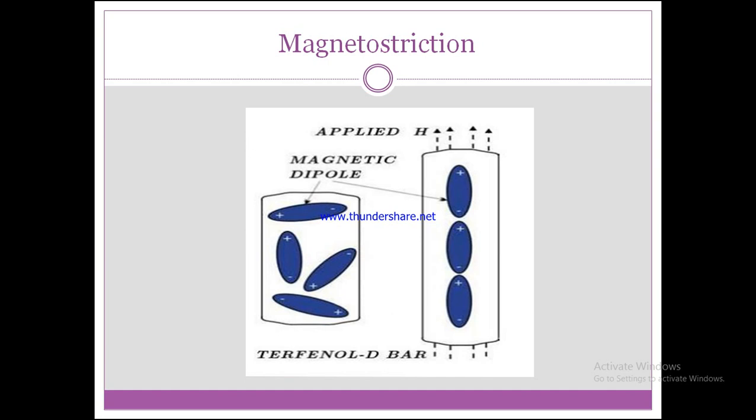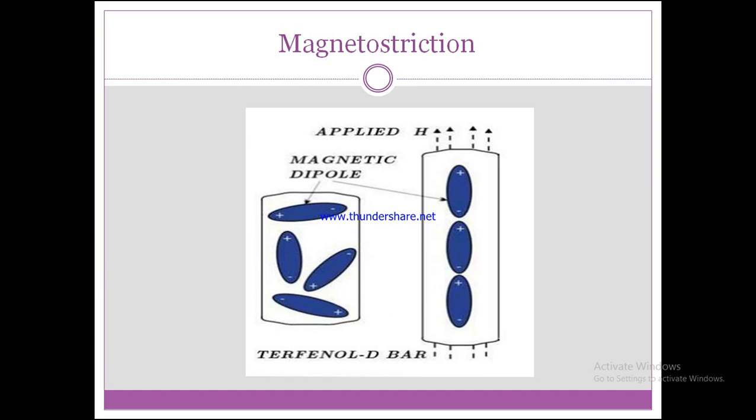Now the figure shows the magnetostriction coefficient lambda for a ferromagnetic material like iron with respect to the magnetization M. The iron crystals expand when magnetized in the easy direction of magnetization and contract when magnetized in the hard direction.